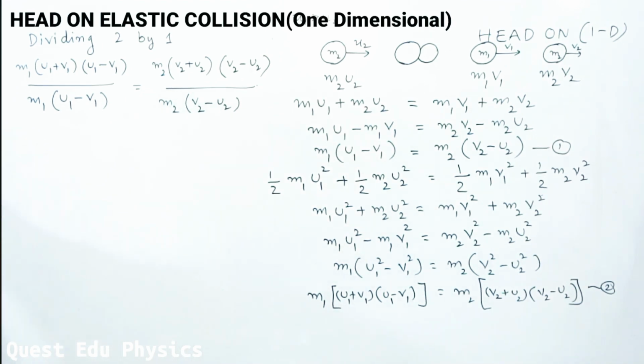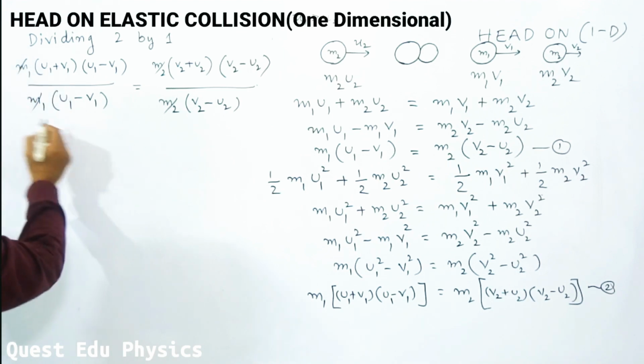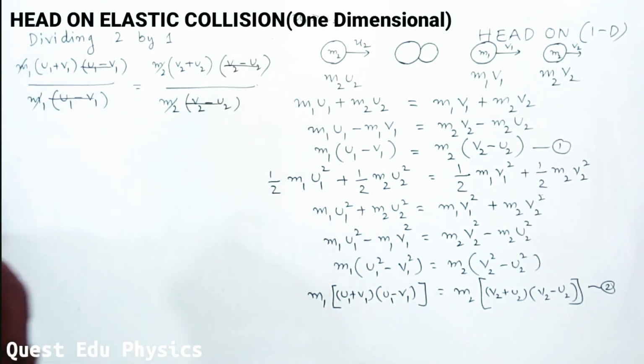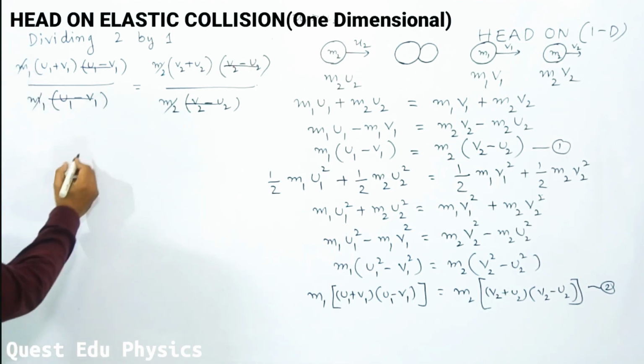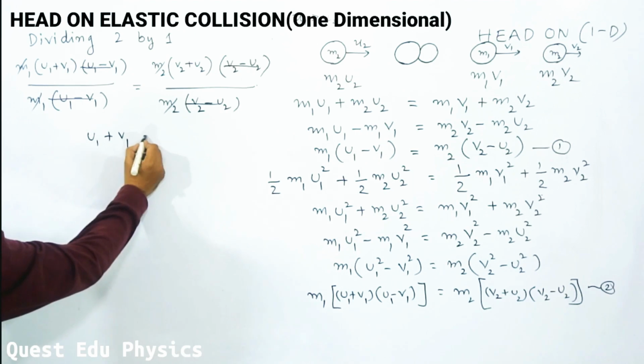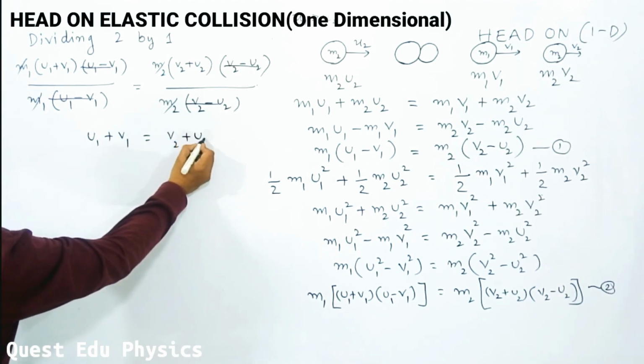Here m1 and m2 get cancelled, and the common terms get cancelled. And finally, we have u1 plus v1 is equal to v2 plus u2.